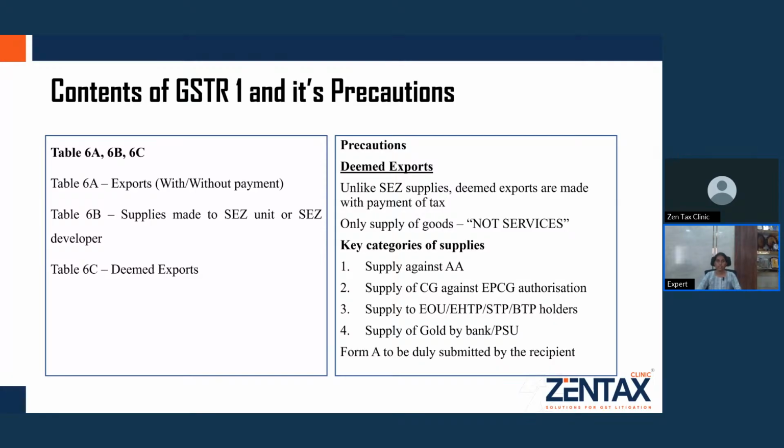So these are all the categories where the supplies are treated as a deemed export. In all these cases, goods remain within India, but the government gives export-related benefits because the supplies ultimately support exports or foreign exchange earnings.